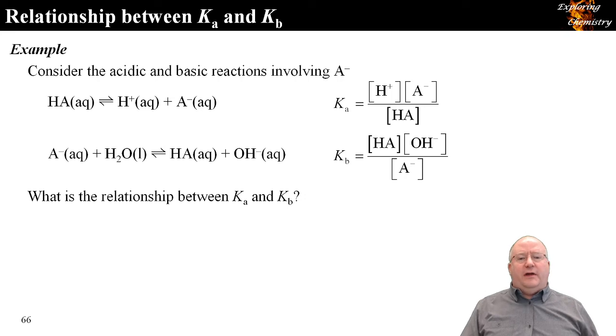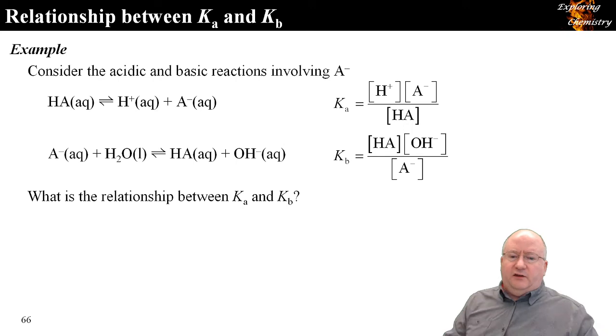They're not the inverse of one another. That would imply that if I said 1 over Kb, I'd get Ka, and I don't. Something with 1 exponent minus 7? No, but something with another number, kind of related to 1 exponent minus 7. There we go, from Afrin. The relationship between Ka and Kb is Kw.